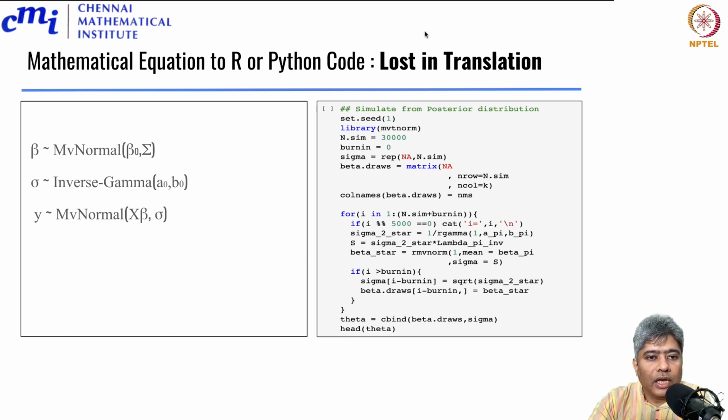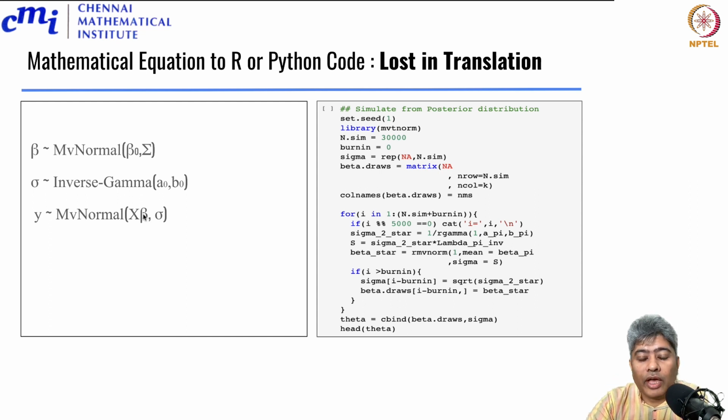If you see the left panel, these are essentially the three basic equations for Bayesian regression with a simple normal or Gaussian prior, where I'm assuming that this is my likelihood model, this is the prior model on the sigma, and this is the Gaussian prior on the coefficient beta. So this is a simple regression model.